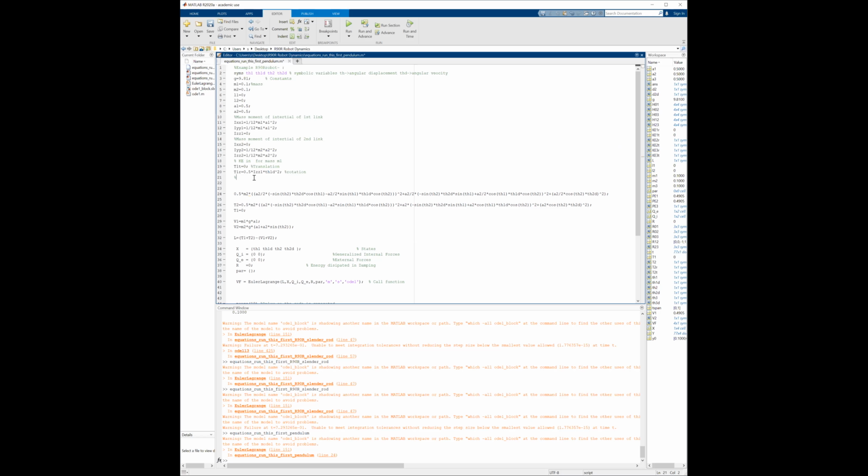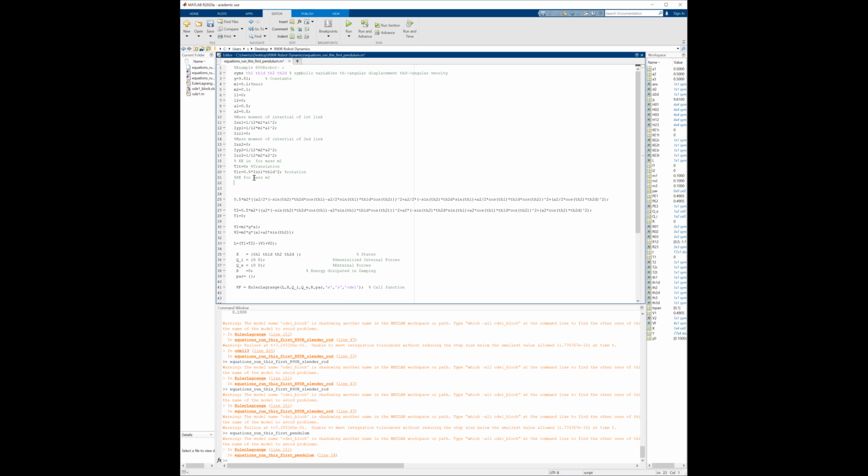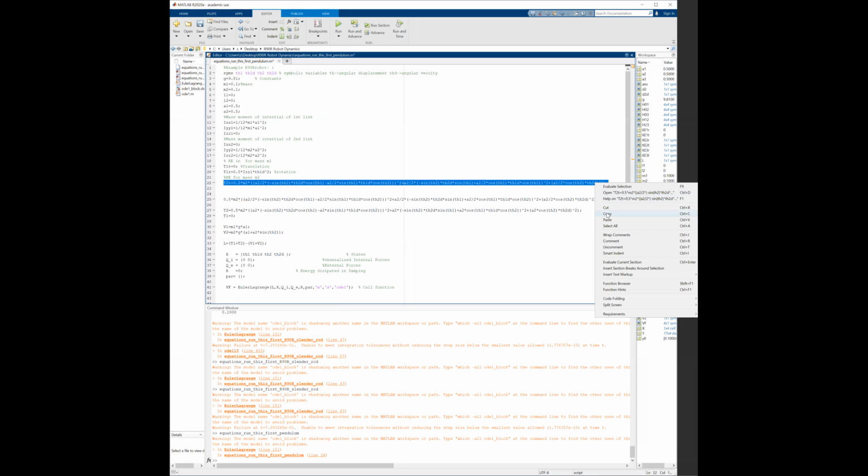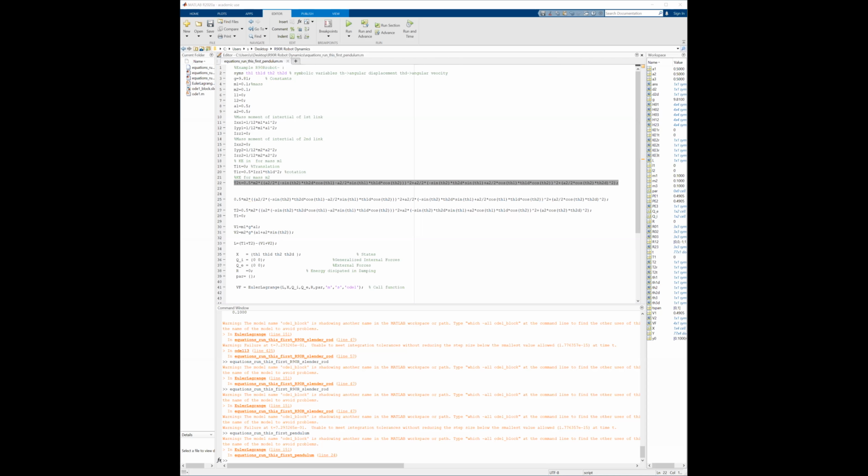Now let's look at kinetic energy for mass M2. This is T2T, which is the kinetic energy in translation. And I'm going to write this expression down. Copy, paste. And I will copy and paste this expression in the chat window.